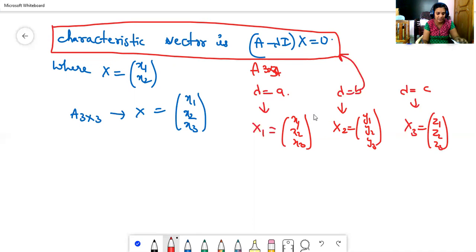Suppose I am taking a 3 by 3 matrix, and how to find the eigenvalues and the eigenvectors.